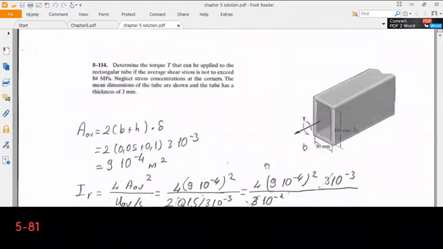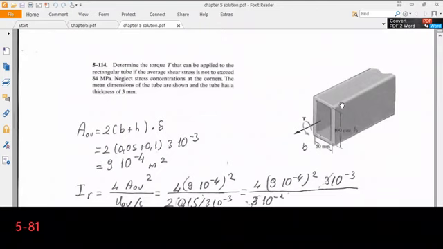Determine the torque T that can be applied to the rectangular tube if the average shear stress is not to exceed 84 megapascals. Neglect the stress concentrations at the corners. The mean dimensions of the tube are shown, and the tube has a thickness of 3 millimeters. Okay, so we have the mean dimensions.